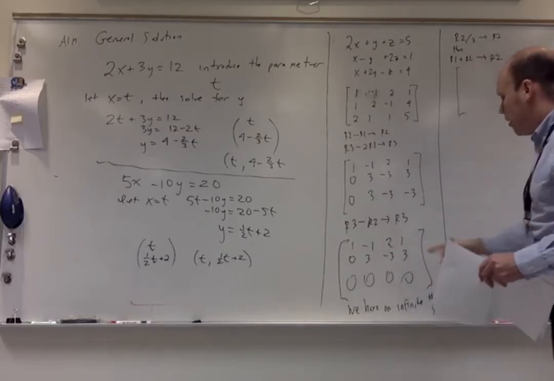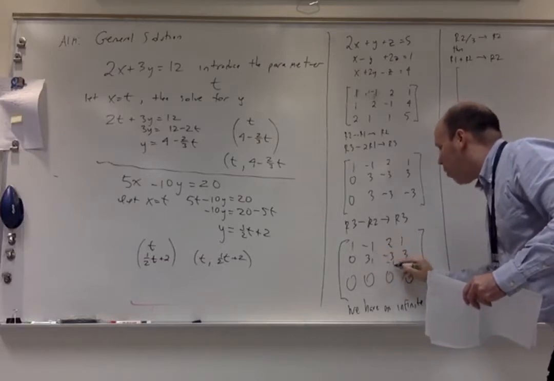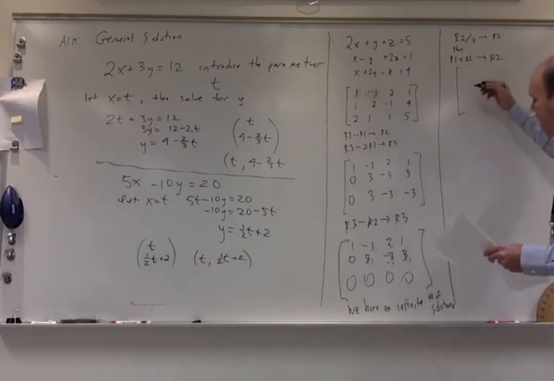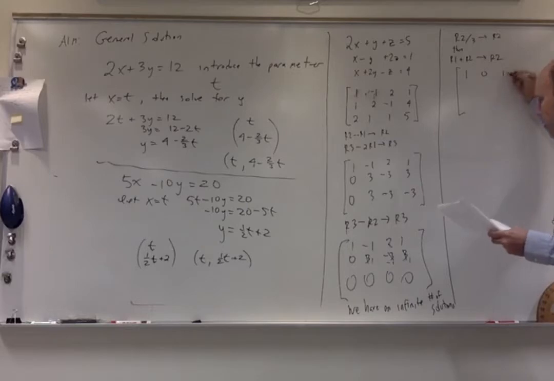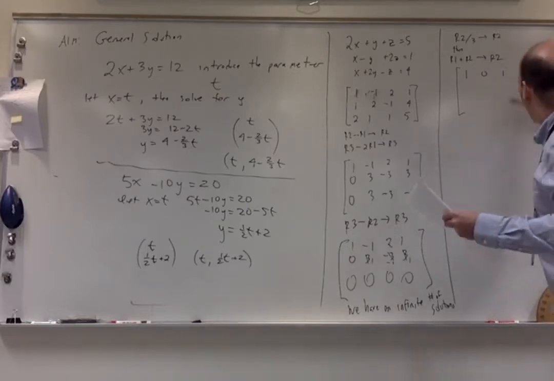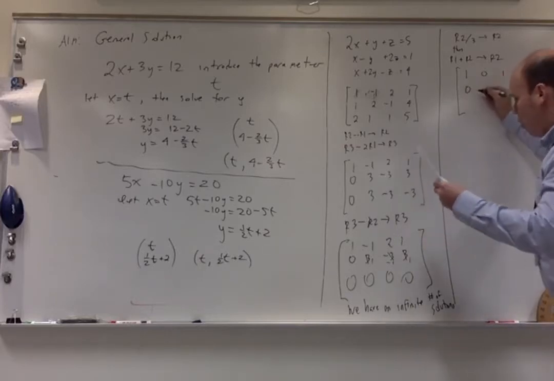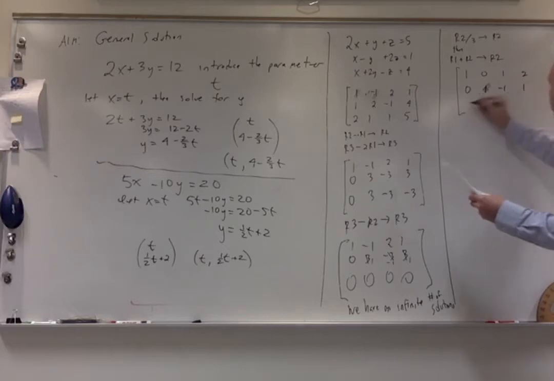So let's see, what did we do here? So I knew this was 1, negative 1, 1, right? And then I added it together. So I have 1, 0, 1, 2, sorry, 2. And then this row is 0, 1, negative 1, 1, 0, 0, 0, 0.